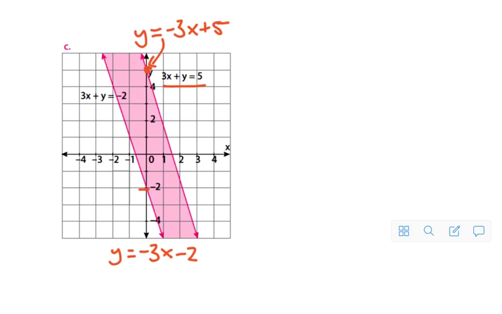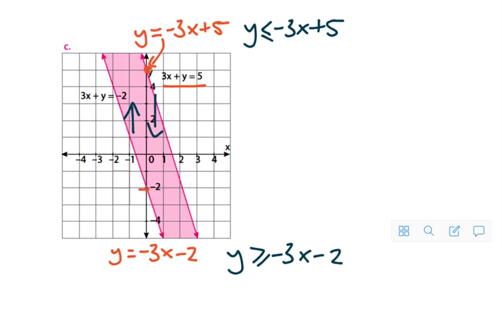Now if we write the inequality, we want the region underneath this line, so that's going to be y less than or equal to minus 3x plus 5, since it's a solid line. And here we want it above this line, so y bigger than or equal to minus 3x minus 2. So we're going to combine these two inequalities together.